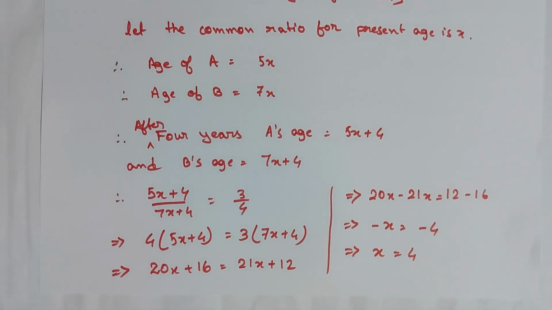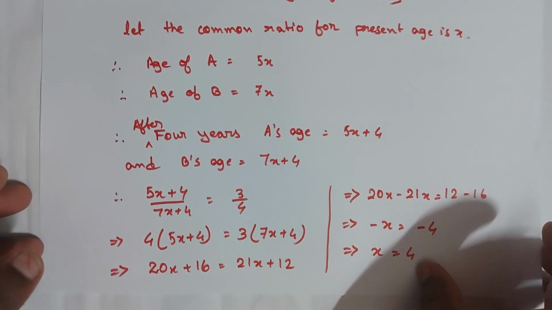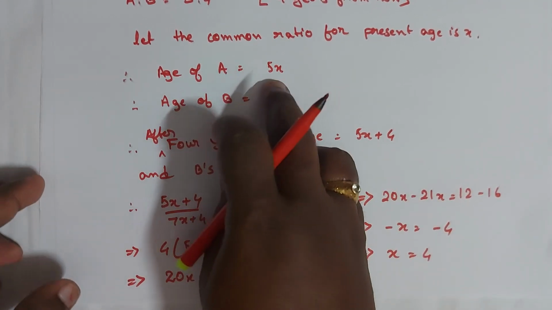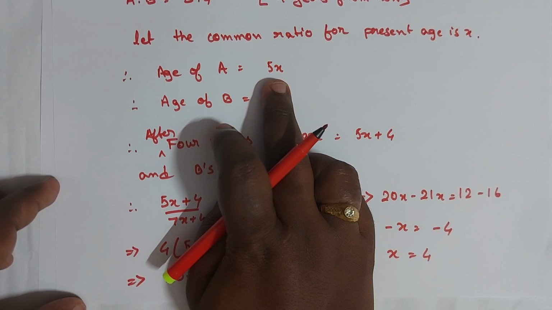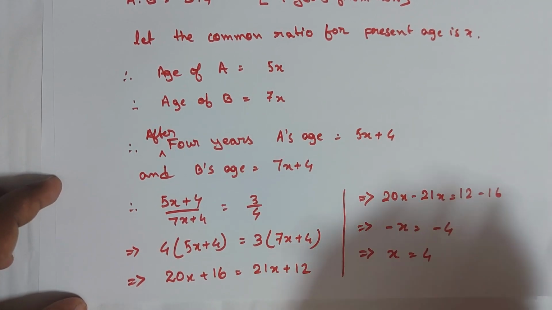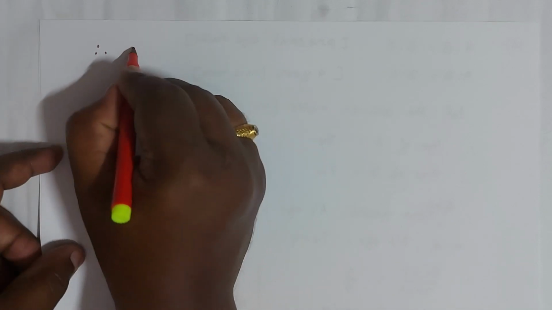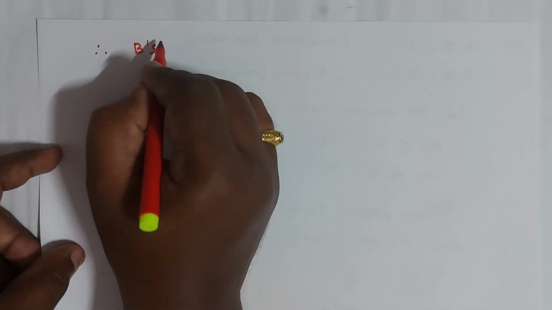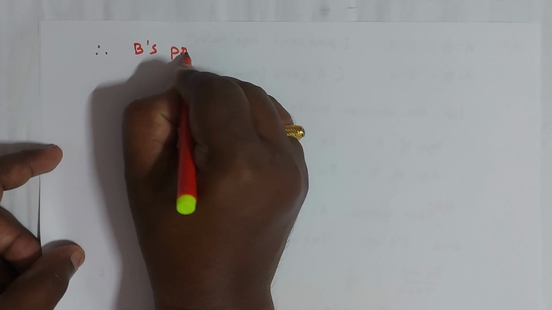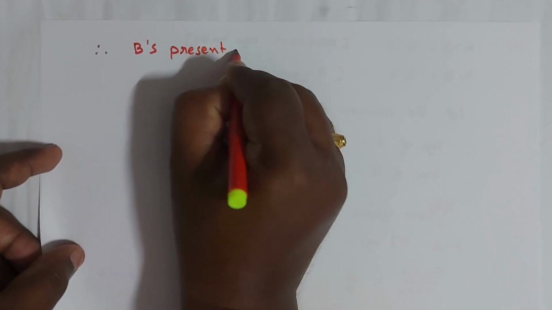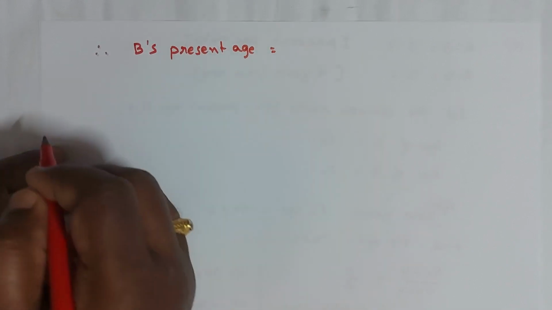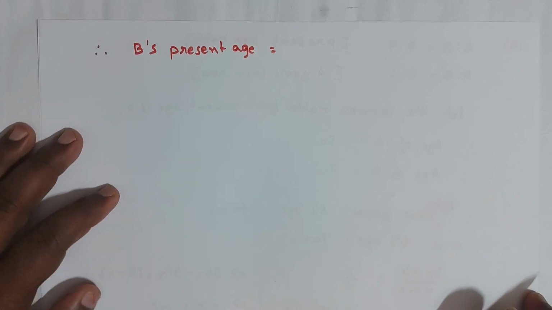Okay, so now we will determine their present age. So how will we determine this? We will place the value of x here. Therefore B's present age is equal to 7x.